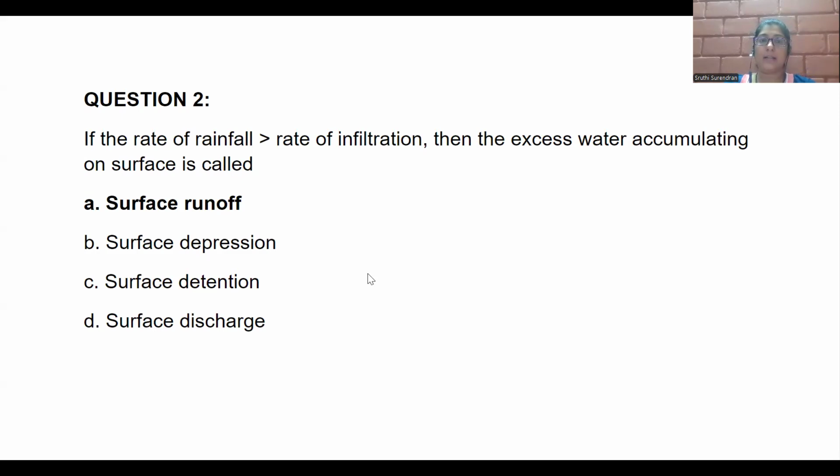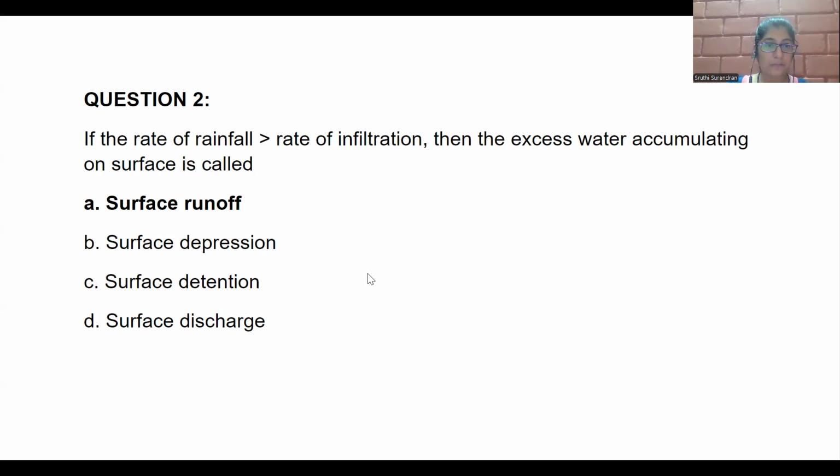If it is greater than the rate with which water is moving down the surface, then obviously the amount of water that is accumulating will increase, because all of this water coming down as rain is not able to seep into the soil surface. As a result, some water will start accumulating and start flowing off from the surface, and this process is called surface runoff.